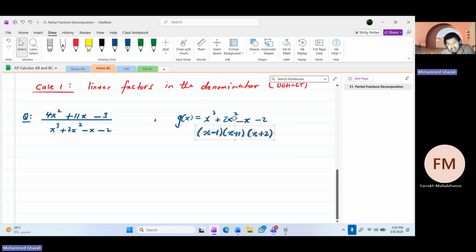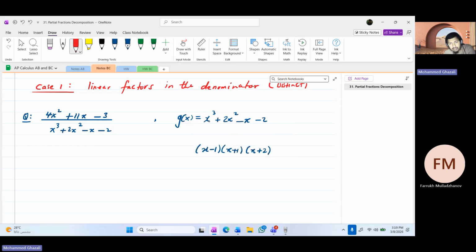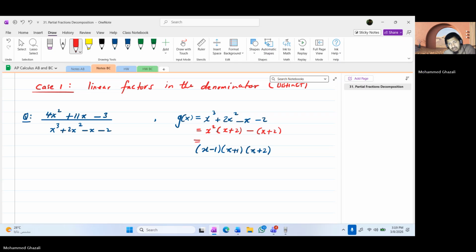Now remember, there are factorization techniques that you can use. If you are not allowed to use a calculator, you're going to group them up, okay? And you also know the rational roots theorem. So grouping this up is taking out x squared into x plus 2, and grouping this up is taking out negative 1 into x plus 2. And then what do you have? You have x squared minus 1 into x plus 2. Right, and then you can factor out x squared minus 1 further.